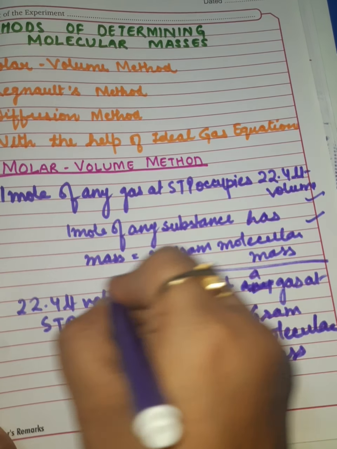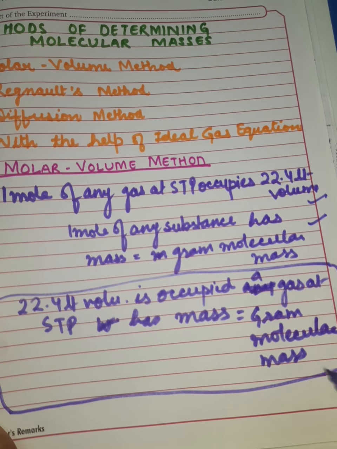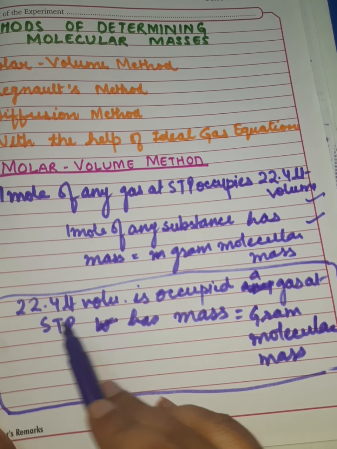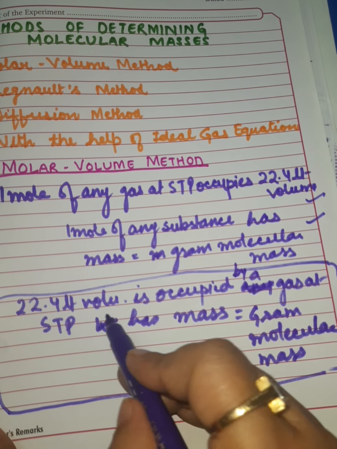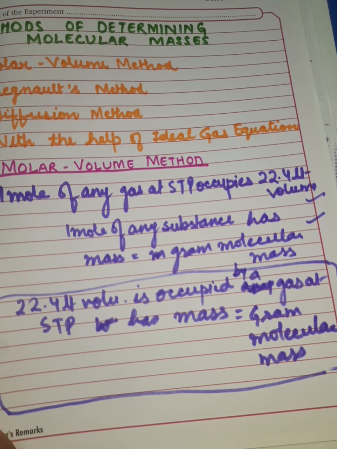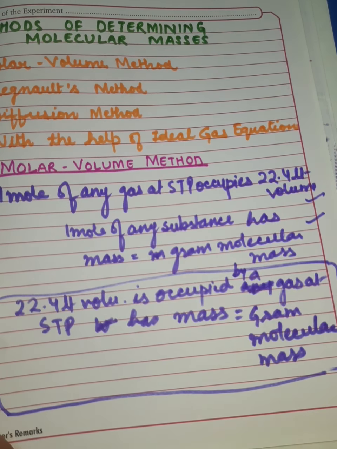So this is the ultimate relation which we get to know, and this method is based on this ultimate relation, that 22.4 liter volume is occupied by a gas at STP which has mass equal to its gram molecular mass. Alright, now let's see a simple numerical to understand this method.